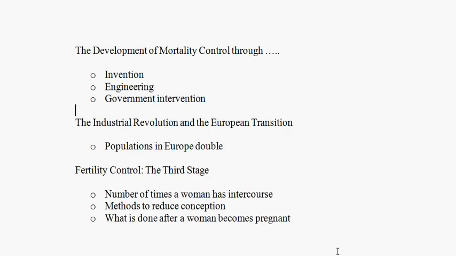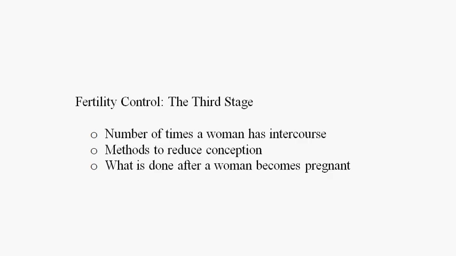In terms of the Industrial Revolution and the European transition, simple controls over food production, simple technologies being available to everyone to boil water, draining swamps between 1750 and 1850 in England, allowed the population to more than double and then take off.